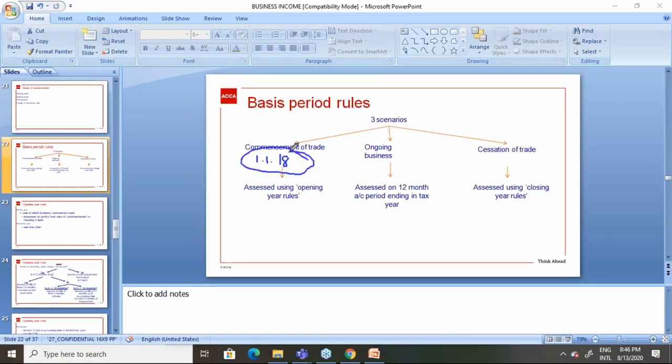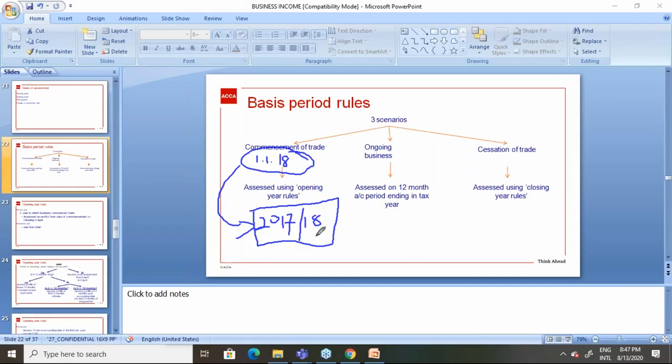Then you need to identify your first tax year by looking at the date of commencement. 1st of January 2018 falls into the tax year 2017-18. So the first tax year is 2017-18.